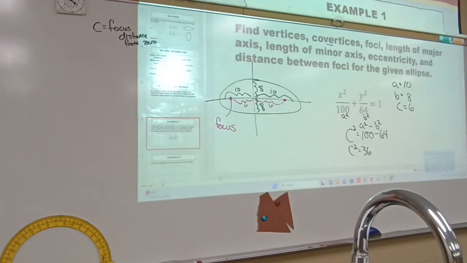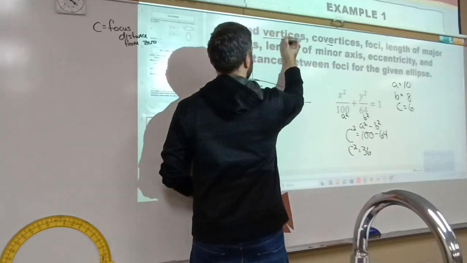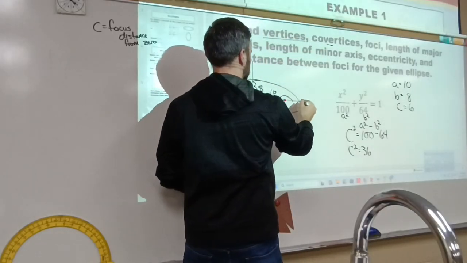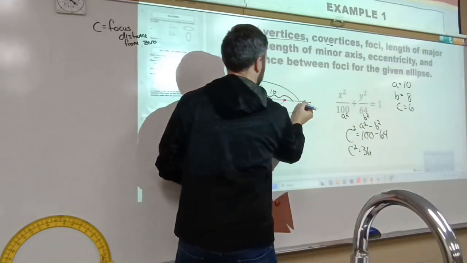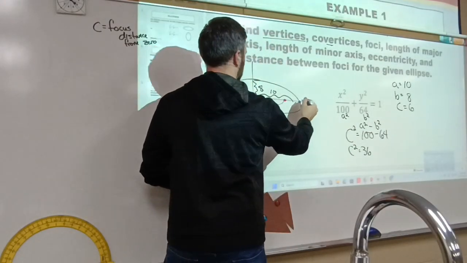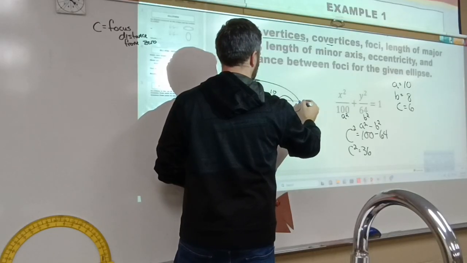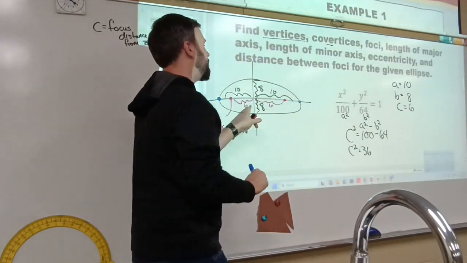All right, so let's answer these questions now. Vertices. What color should vertices be? Blue, because they're sad. Your vertices are here and here. How far away from 0 is this?